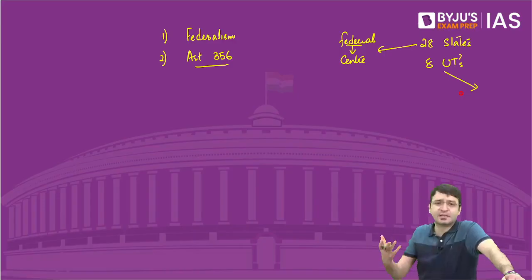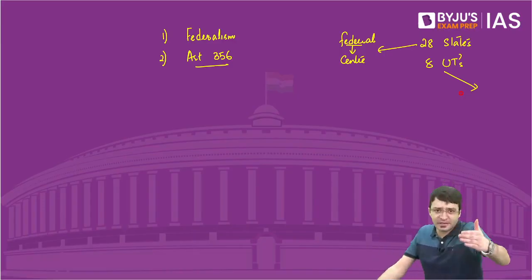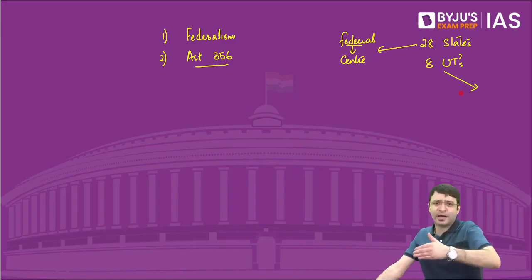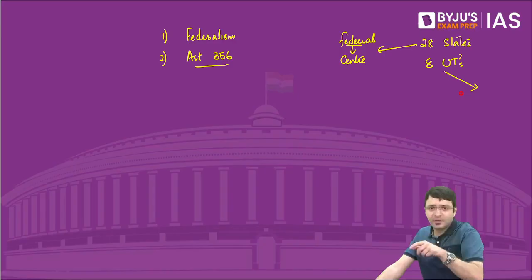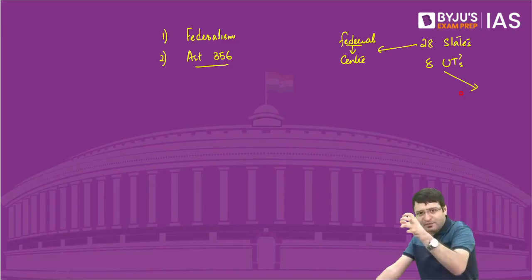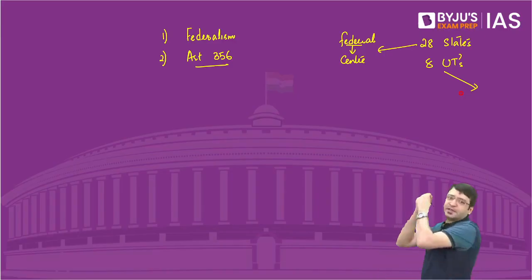Union territories such as Ladakh, union territories such as Daman and Diu and Dadra and Nagar Haveli, Lakshadweep, Andaman and Nicobar Islands, Chandigarh, where there is no legislative assembly. Who makes laws for these union territories? Parliament. Do they have a chief minister? No. Which means who is administering that union territory? President. That means entire power for that union territory is vested with the center.